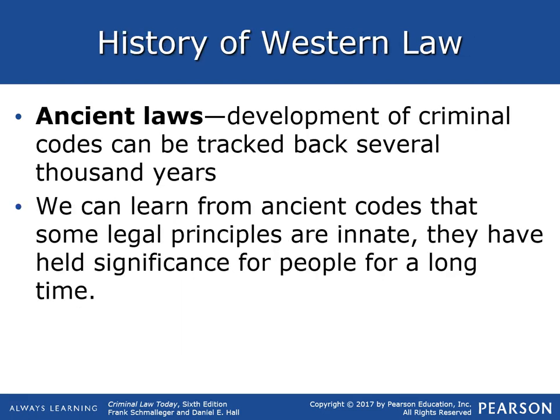Now, ancient laws. This is the development of criminal codes and how they can be tracked back several thousand years. And we can learn from ancient codes that have some legal principles. They have held significance for people for a long time.